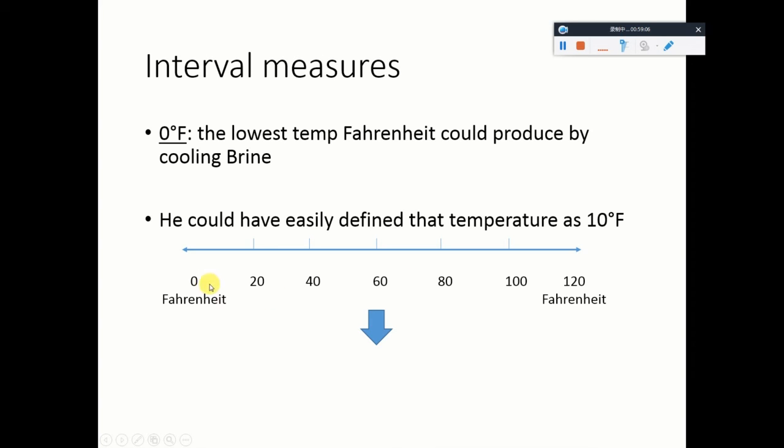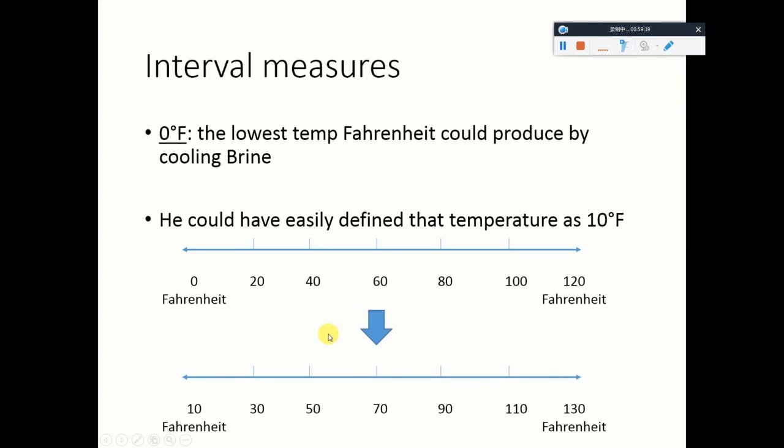In other words, instead of having 0 here, we replace 0 with 10. Then what else should we change? Right? That means we'll simply add 10 to each of these values. 10 will become 0. We add 10 to 20, it becomes 30. We add 10 to 40, it becomes 50. And we add 10 to 120, we get 130.